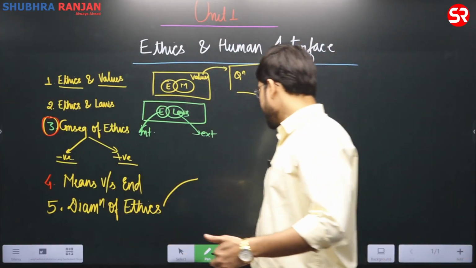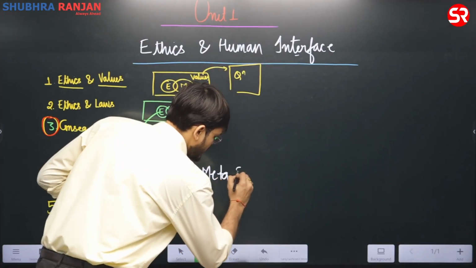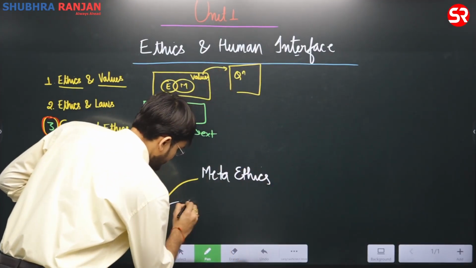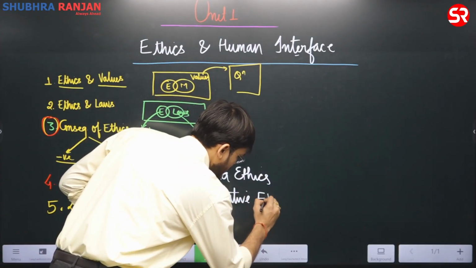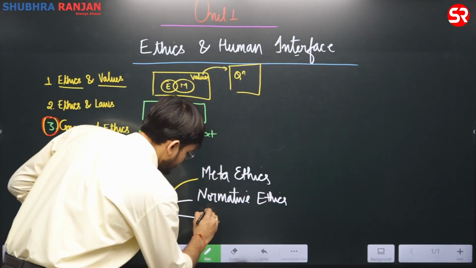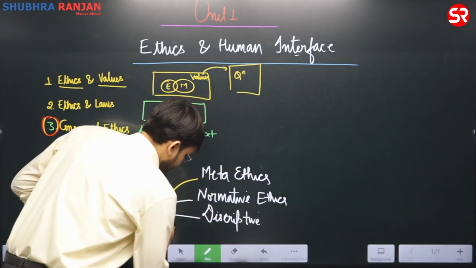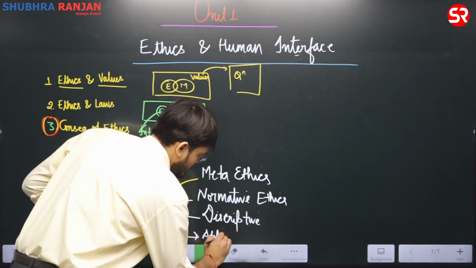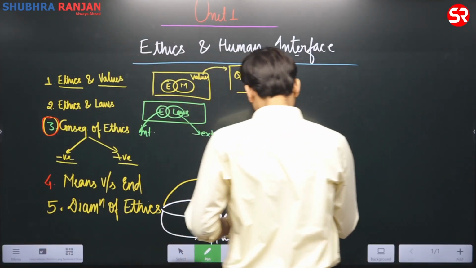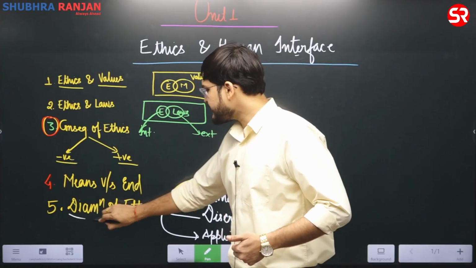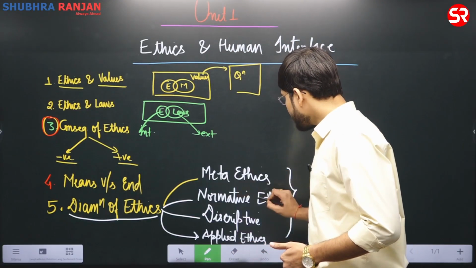We have seen various dimensions, like meta ethics, normative ethics, descriptive ethics, and also applied ethics. Questions can be asked from any of these portions of the dimensions of ethics.